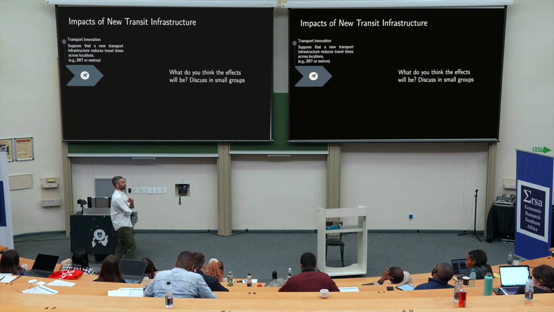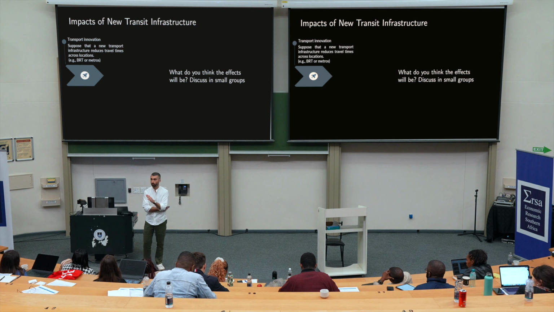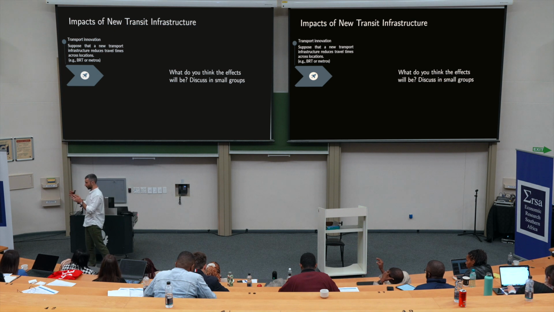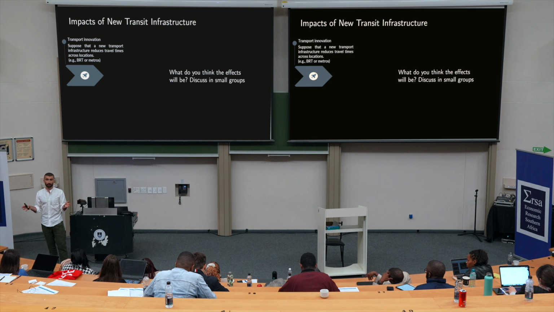That's true. But again, what I want you to take from these models is a simple way to think about what the direct effects of the policy might be in the data. What do you expect to see about where people are living, where people are working, what will happen to property prices, right? That's the main aim of these models.